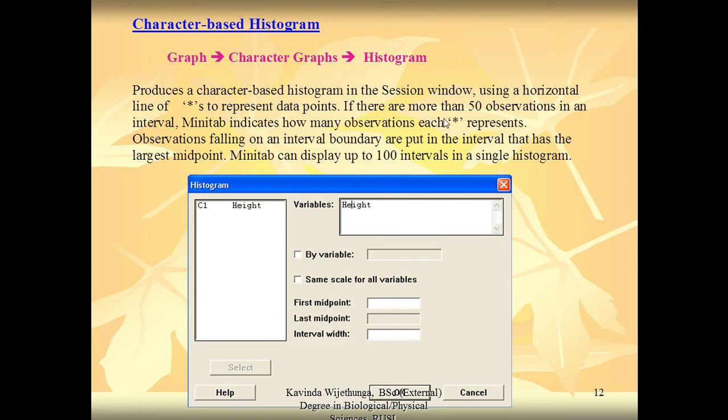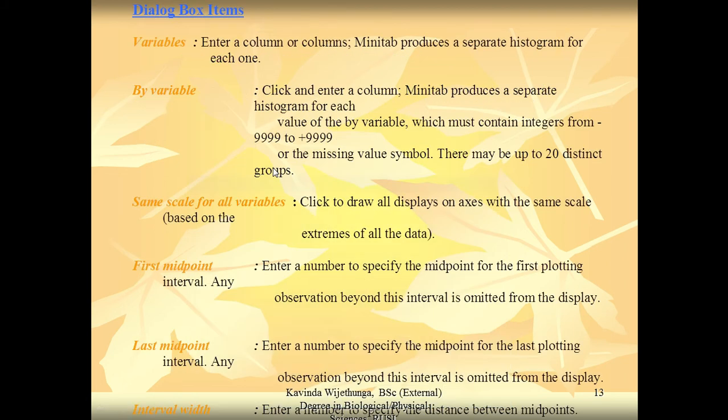The asterisks indicate how many observations each asterisk represents. If we need, we can change this asterisk sign. Observations falling on an interval boundary are output in the interval that has the largest midpoint. Minitab can display up to 100 intervals in a single histogram.